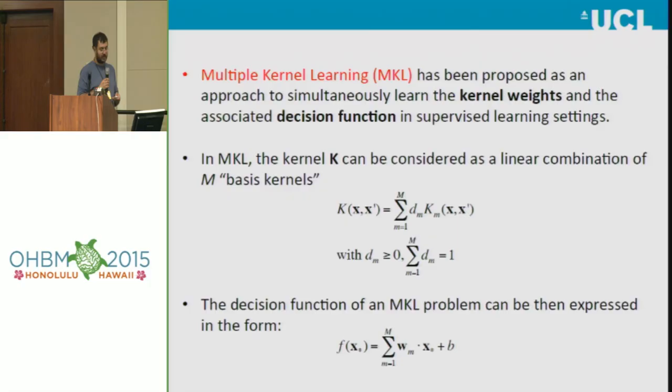The d_m essentially provide the weights for each of the corresponding kernels. The sum of these weights is 1, and each of them is greater than or equal to 0. Once you have this, you can write the decision function for an MKL problem in this form at the bottom, which is just the sum of decision functions over all of the different sources of data, all of the different kernels.